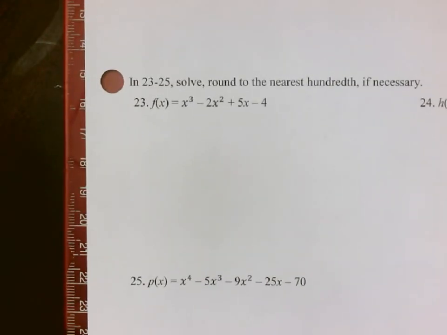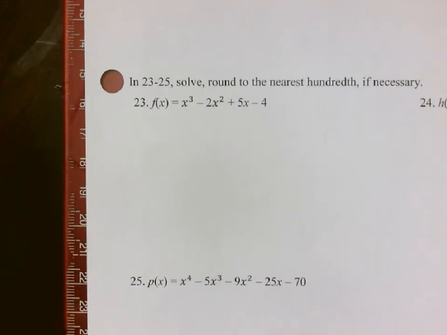So doing the same thing again, I'm just going to rinse and repeat. So finding answers, you do it by your calculator. So y equals x cubed minus 2x squared plus 5x minus 4. I'm going to type them all in so I can just jump around when I get there.